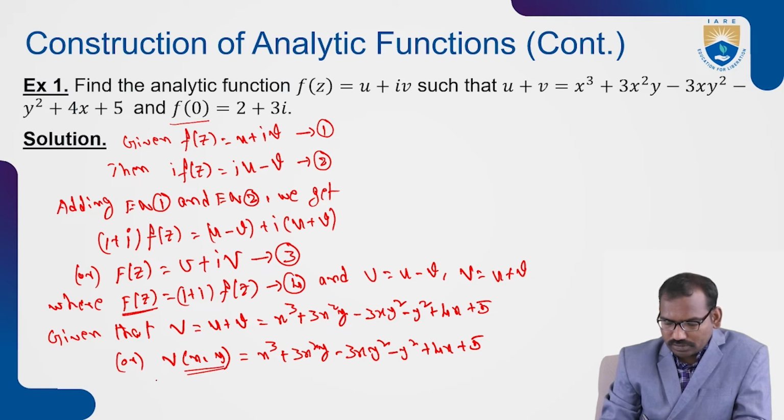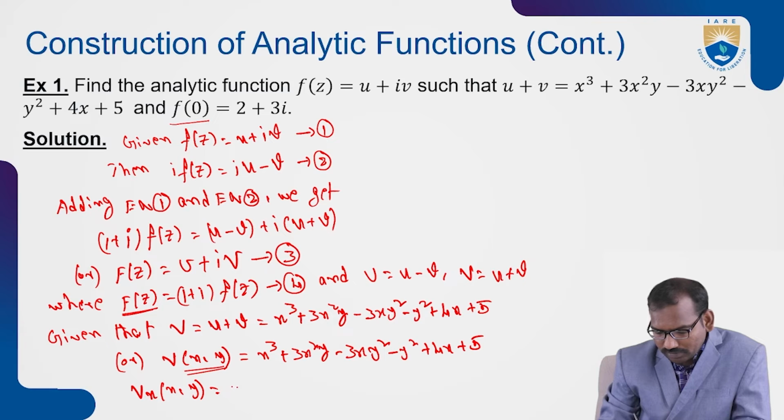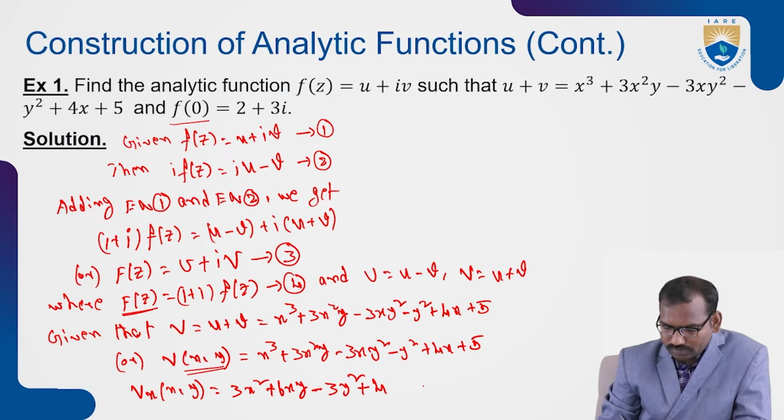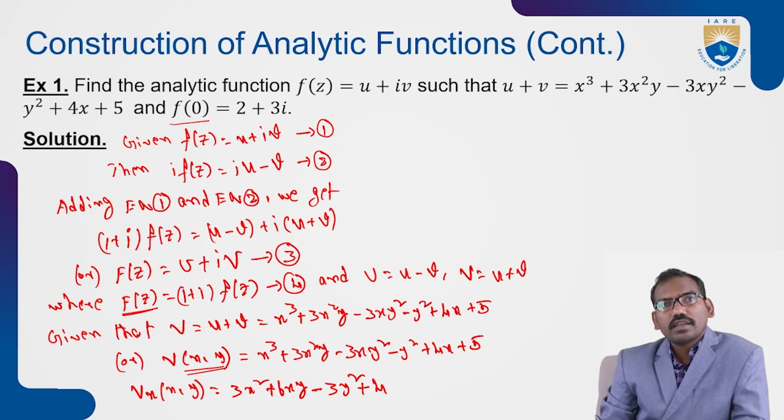Now I have to calculate capital V sub x. V sub x means the partial derivative of v with respect to x. This will also come in terms of xy. So I will have 3x square plus 6xy minus 3y square plus 4. This is V sub x.